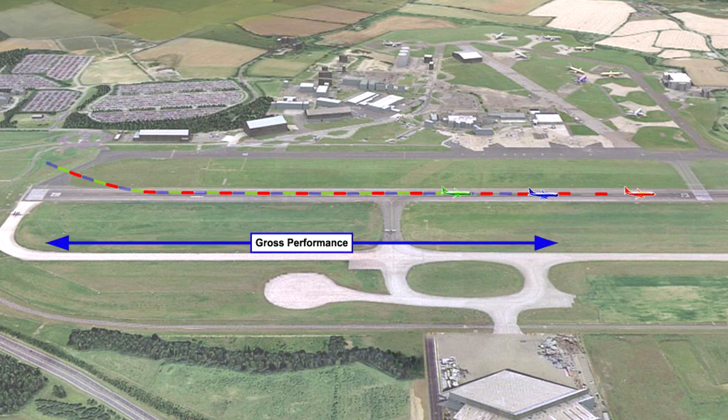So even though gross performance is a more useful and realistic indicator than measured performance, we must ask ourselves, is even gross performance good enough to use in a typical airline environment? The answer, as you will probably have surmised, is that gross performance is not good enough. It just does not provide enough safety standards for public transport operations.